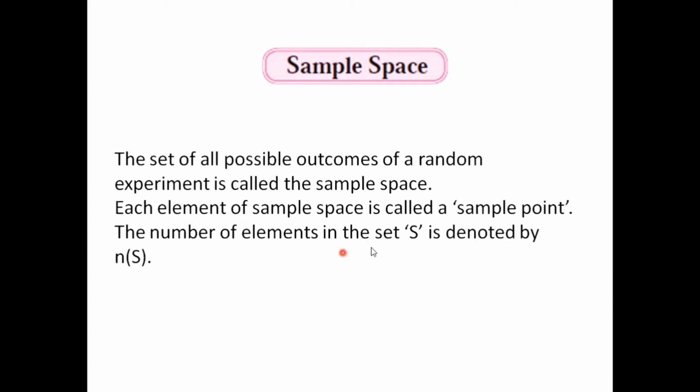So sample space is always denoted by the letter S, and the number of sample points is denoted by n(S). Earlier we studied the random experiment and the outcomes. So all the outcomes, that is the results of a certain random experiment, are called the sample space.